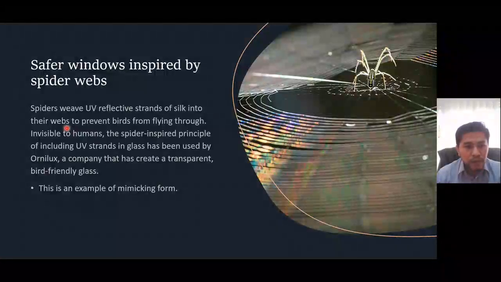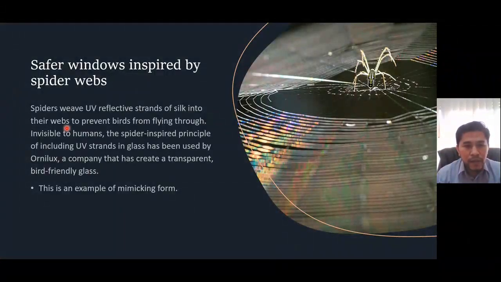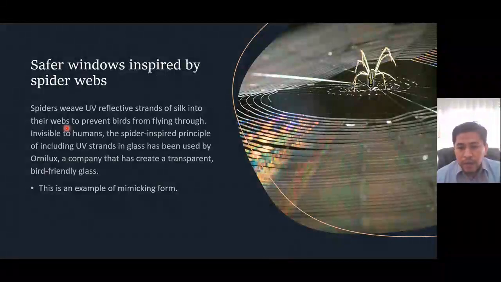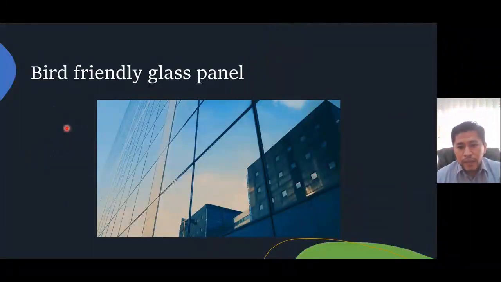We mimic something from the spider and implement it in the production of a glass panel to create a bird-friendly glass panel. The glass has a pattern, a UV reflective coating that is visible to birds but virtually transparent to the human eye. And this is quite similar to the concept of spider webs.